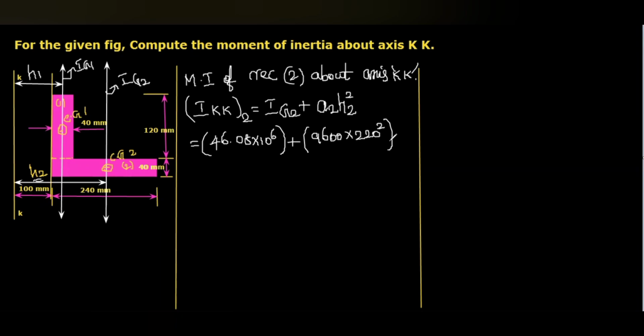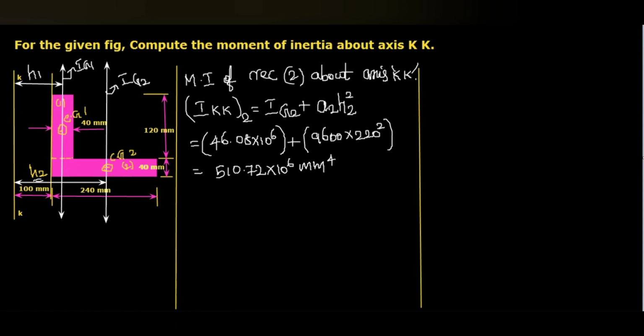So 220 square. If you simplify all the values, IKK2 we will get is 510.72 multiplied with 10 power 6 mm power 4.